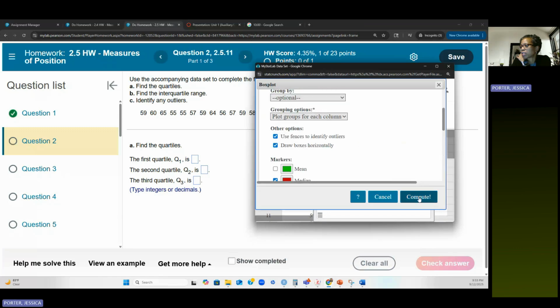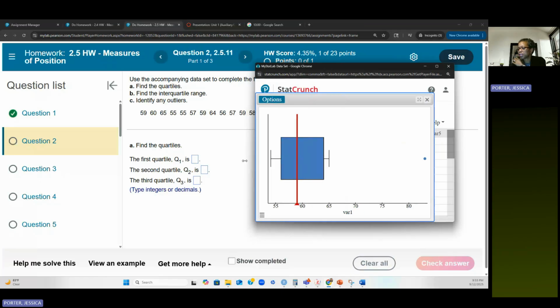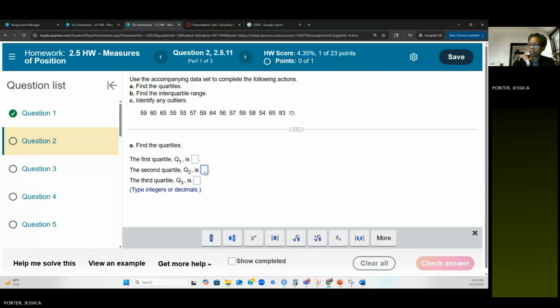Okay, so one of the things that I was telling you earlier was that if you hover over the graphs in StatCrunch, they give you information, right? So in this case, I'm hovering over the box itself. It gives me all of them. I thought I had to hover over the median. Well, the median is 59. That's the second quartile.